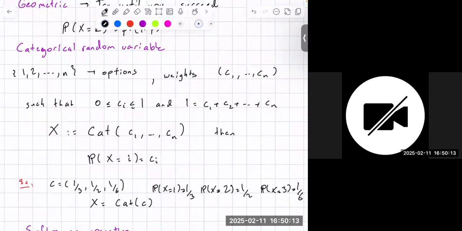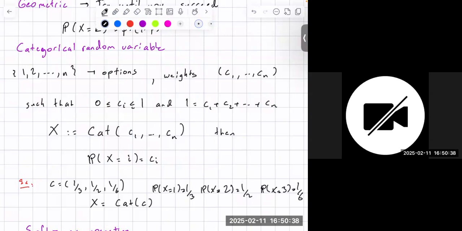The image you're seeing might be a cat, might be a dog, might be a dinosaur, whatever. So there are n options. Or a dice, for example, could be a categorical random variable. You have 6 options. It's something simple. Then every category will have a weight, c1, c2, c3, cn, and they should sum up to 1.